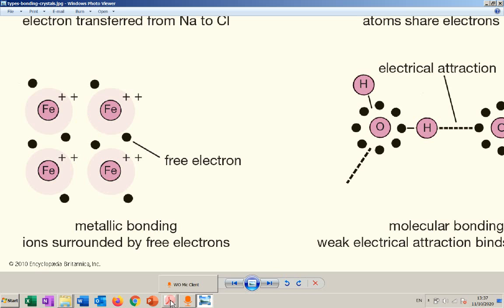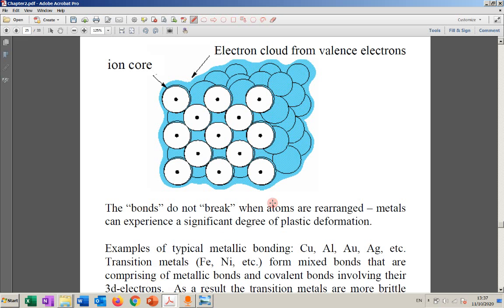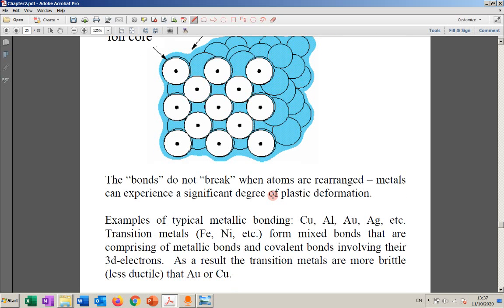Now, metallic bonding has some features for us, some properties. One is that the bond does not break. This is one of the important characteristics it gives to those metals. When in chapter 6 and chapter 8 we talk about metals, when we apply force to them, the bonds are not simply breaking.